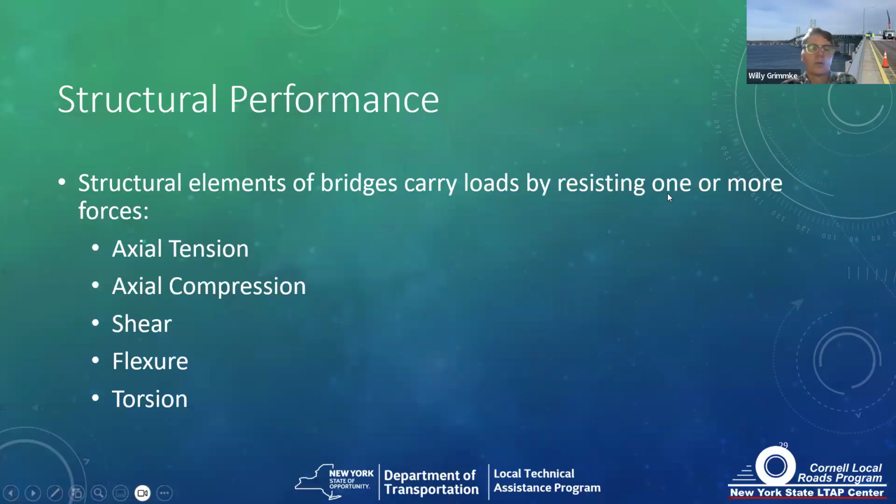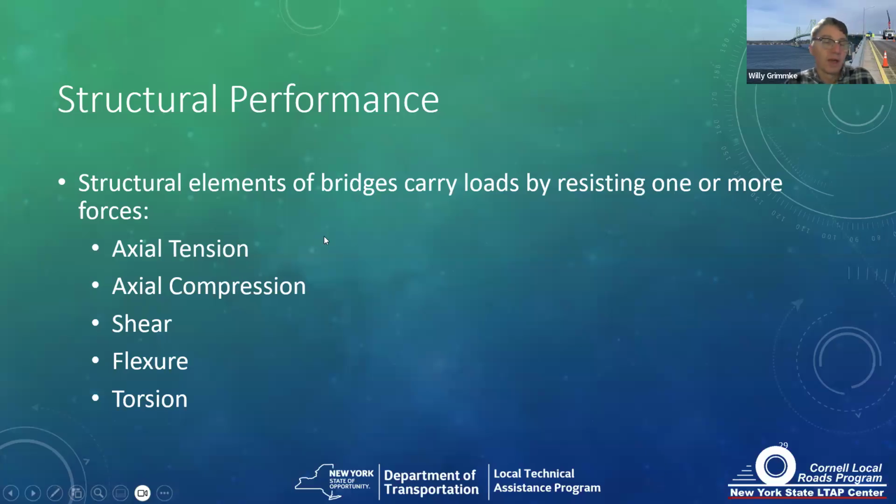So, I'm going to talk a little bit about structural performance and how bridge structural elements behave. Basically, each component or element is designed to resist one or more forces.